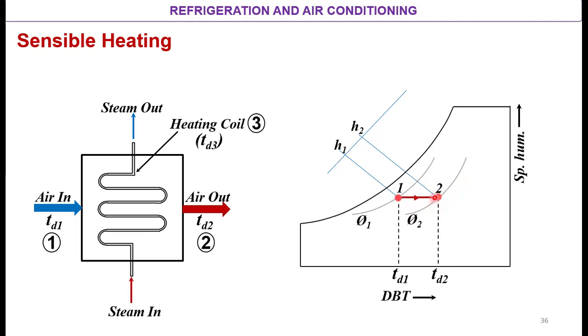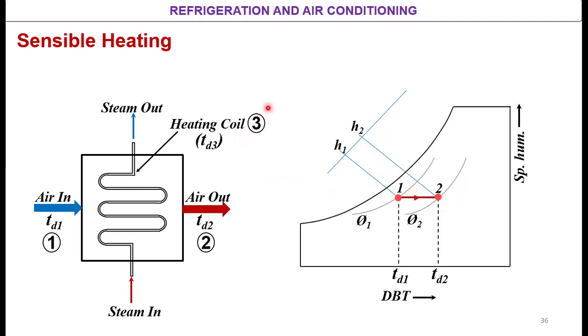I will also record the enthalpy at point 2, that is H2. I will show this process with a horizontal line. In the previous slides we have seen process number 1, sensible heating, shown horizontally with the arrow toward the right. Similarly here also, the arrow is shown toward the right hand side.